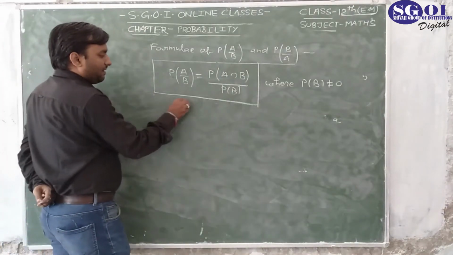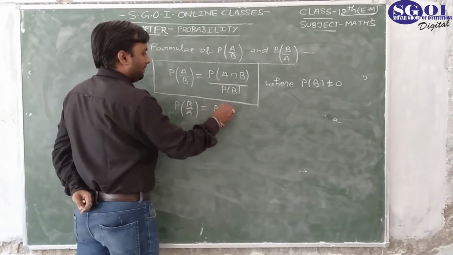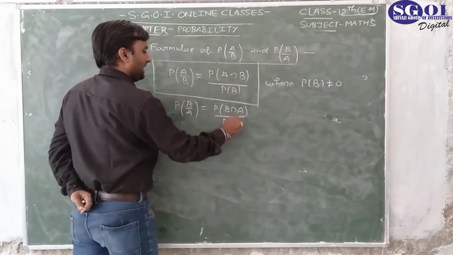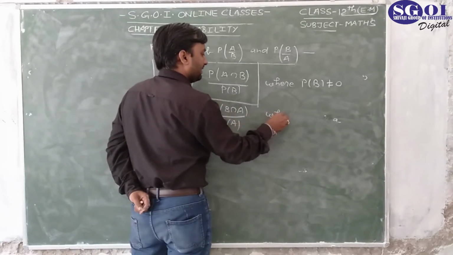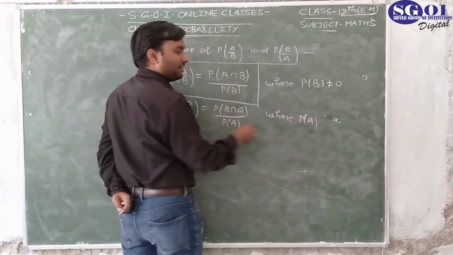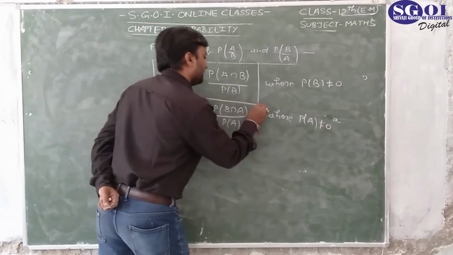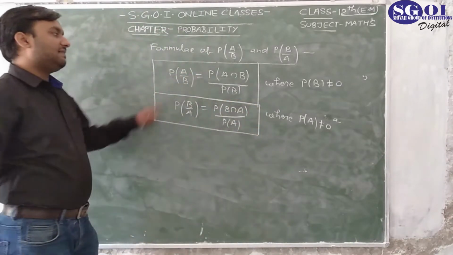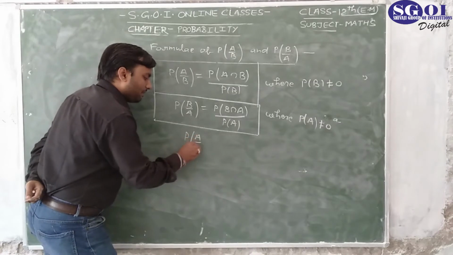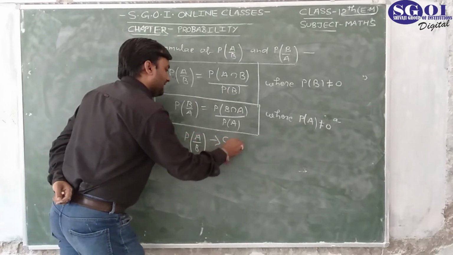And P(B|A) is equal to P(B intersection A) upon P(A). In this case, P(A) can never be equal to 0. I think you will learn these formulas. What is the meaning of P(A|B)? P(A|B) means conditional probability of A.